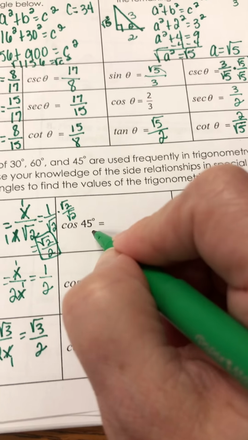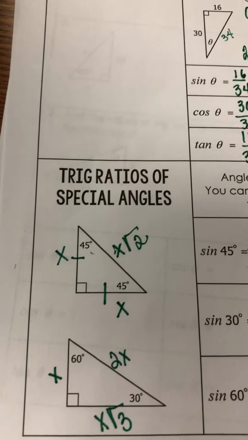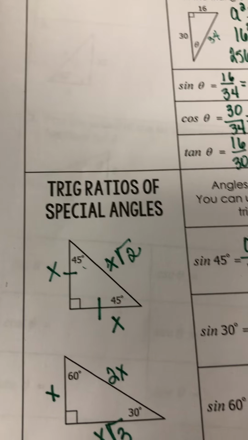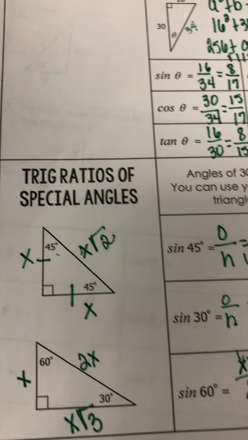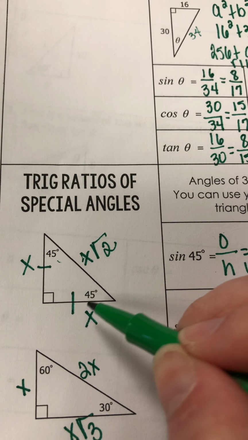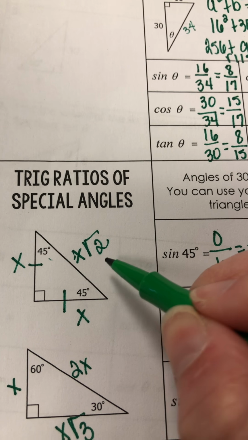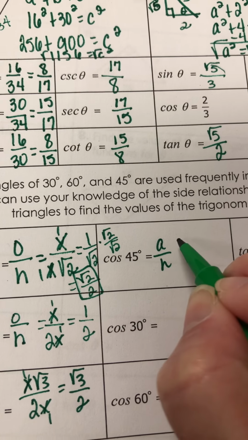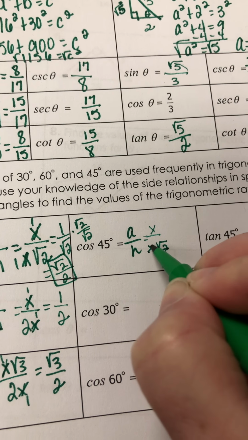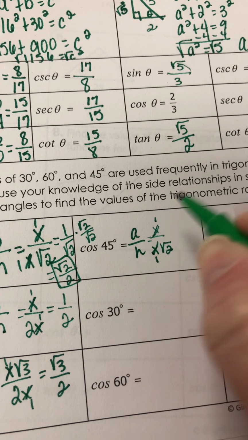Now let's look at the cosine of 45 degrees. Well, pick one, it doesn't matter which one. Now cosine is adjacent over hypotenuse. So here's my 45, adjacent is x, hypotenuse is x square roots of 2. So I'm going to have x over x square roots of 2. Well, my x's are going to cancel out to 1's.